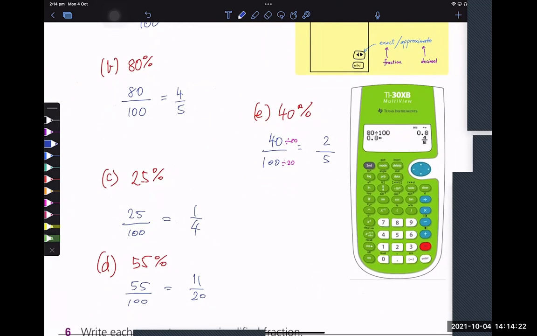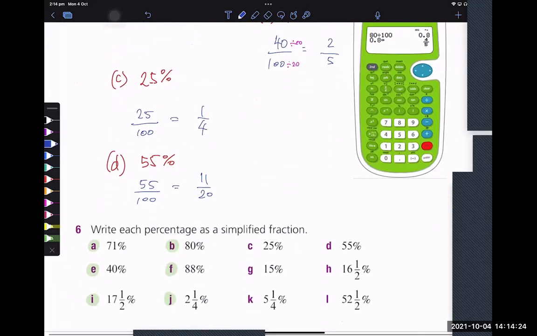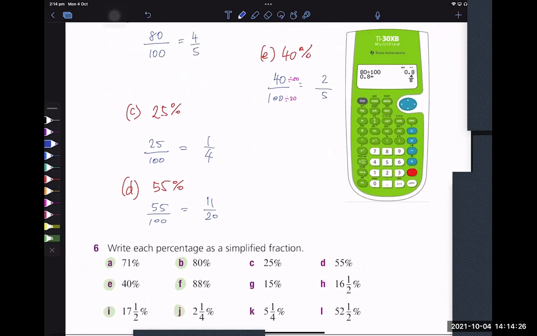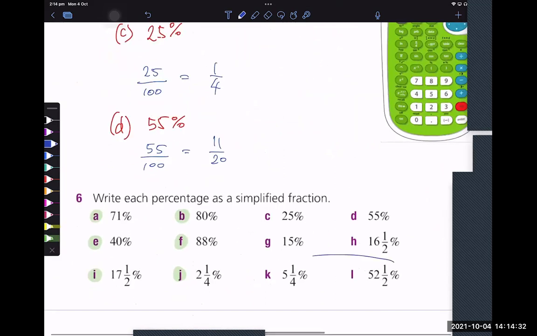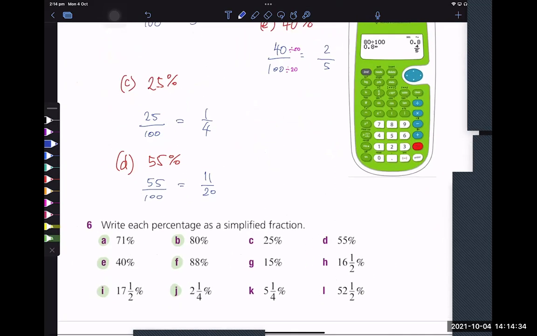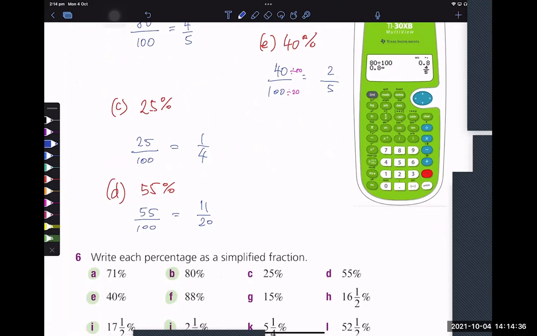Okay. It's particularly harder for other questions. Say, I'll do a couple of these ones down here. Like 16.5%. Right, this one's a bit of a pain to type out.